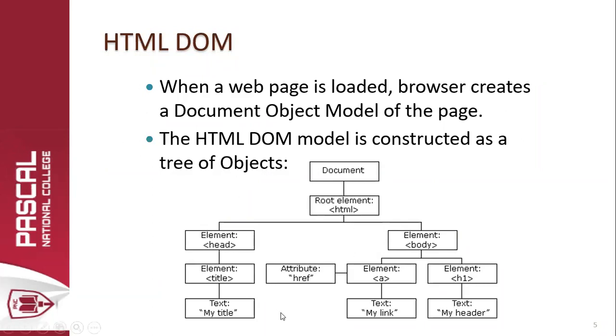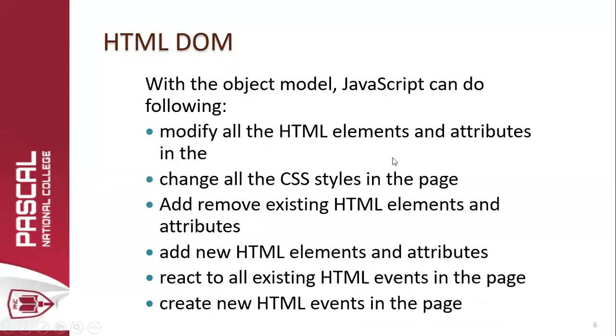With this DOM object model, you can do the following things. You can modify all the HTML elements and the attributes of those elements. You can also change the CSS styles in the page. You can remove existing HTML elements and their attributes.